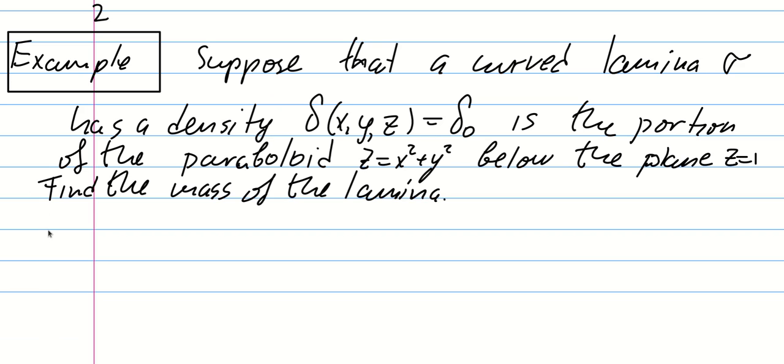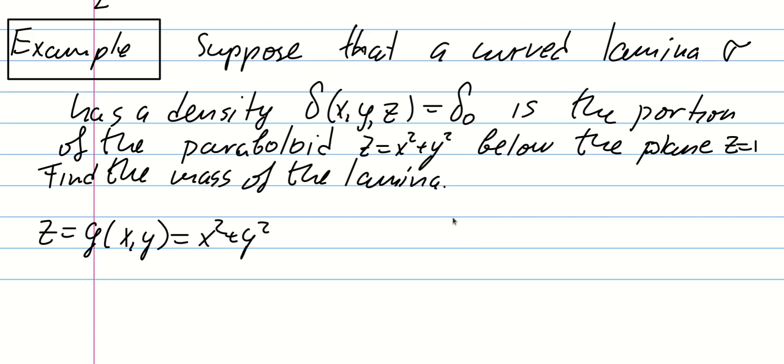All right, so let's start building it up. So we know that z equals g of xy is equal to x squared plus y squared. So it's a paraboloid. What does it mean? Paraboloid means that we take a parabola pretty much, and in every direction it's going to be a parabola.